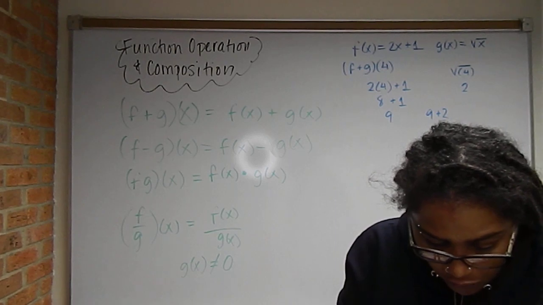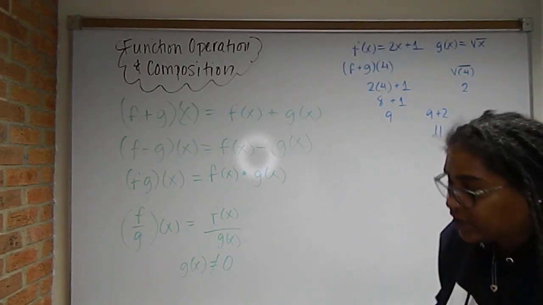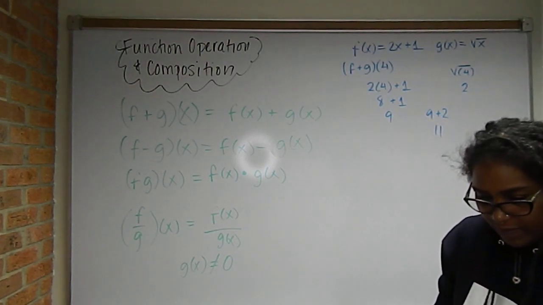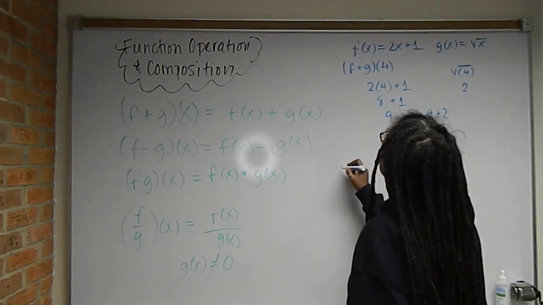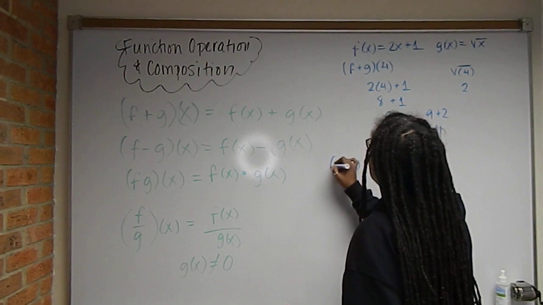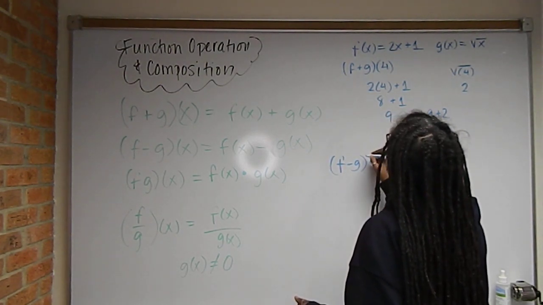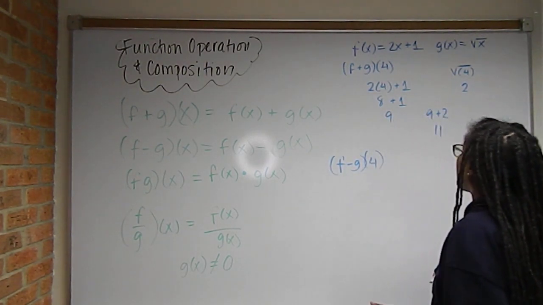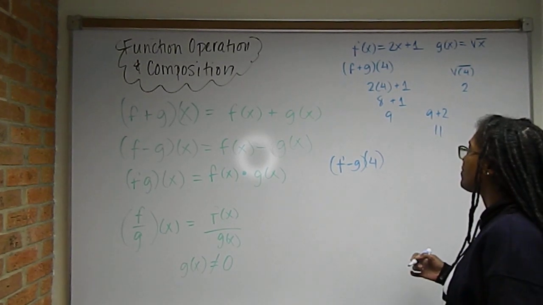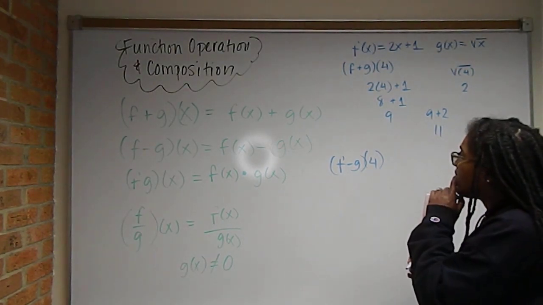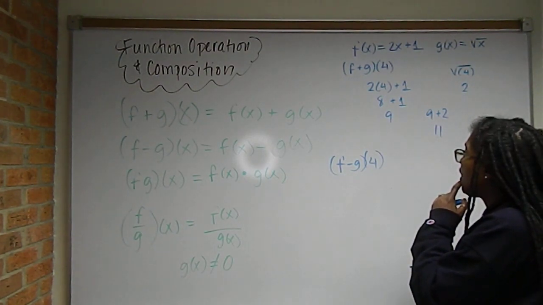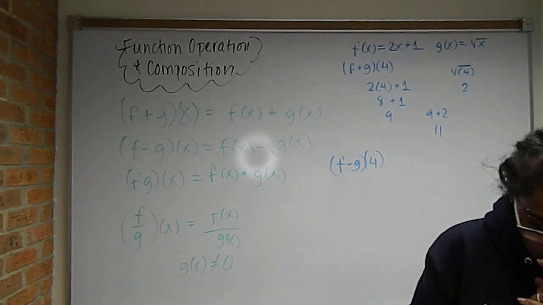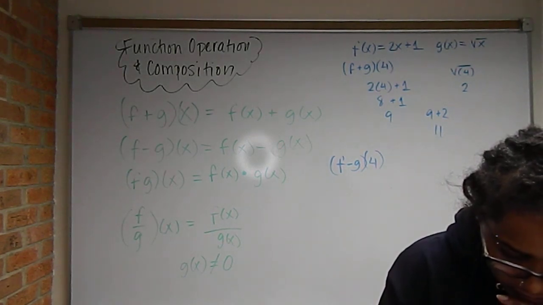Ooh, this would be cool. Let's just say it was minus. Let's do f minus g of 4. Is that going to make it do what I want it to do? I don't think that's going to make it do it.